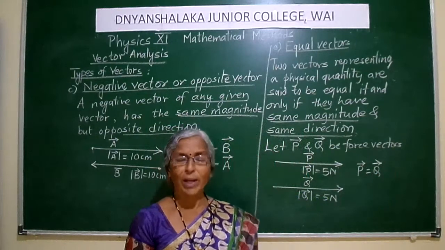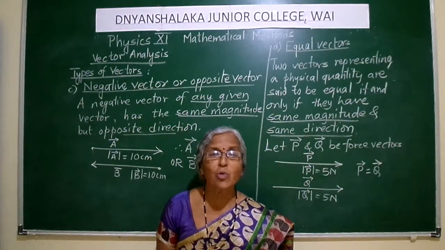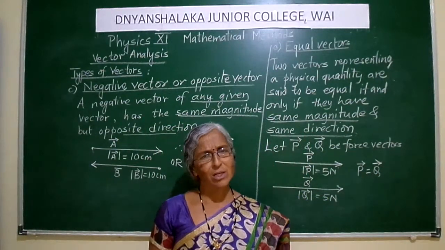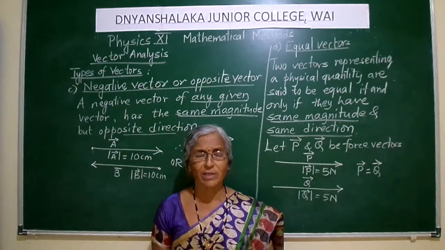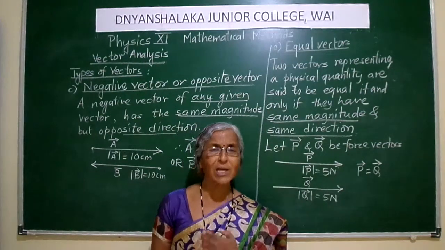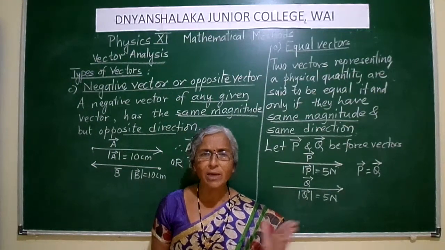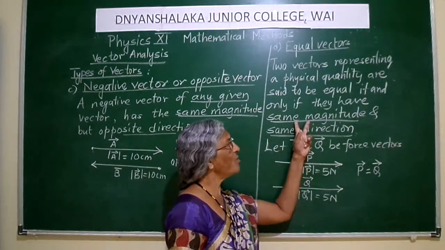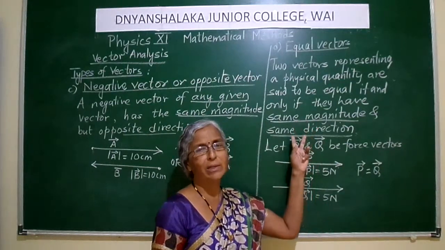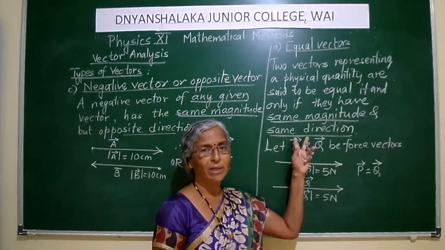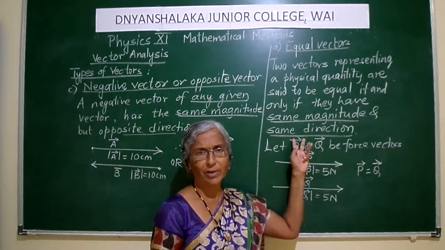Okay? So, what are equal vectors? Two or more, not necessarily two, vectors which are representing a physical quantity are said to be equal if and only if these vectors have the same magnitude as well as the same direction. Are you getting it?